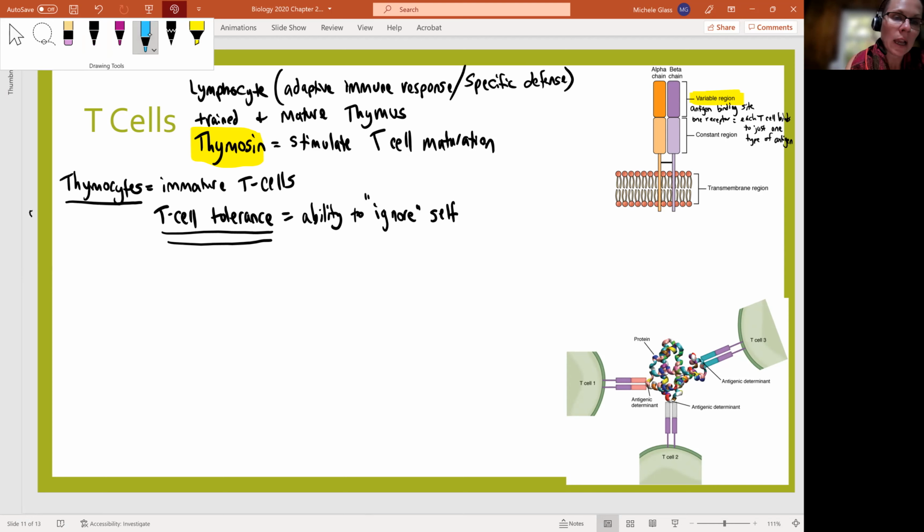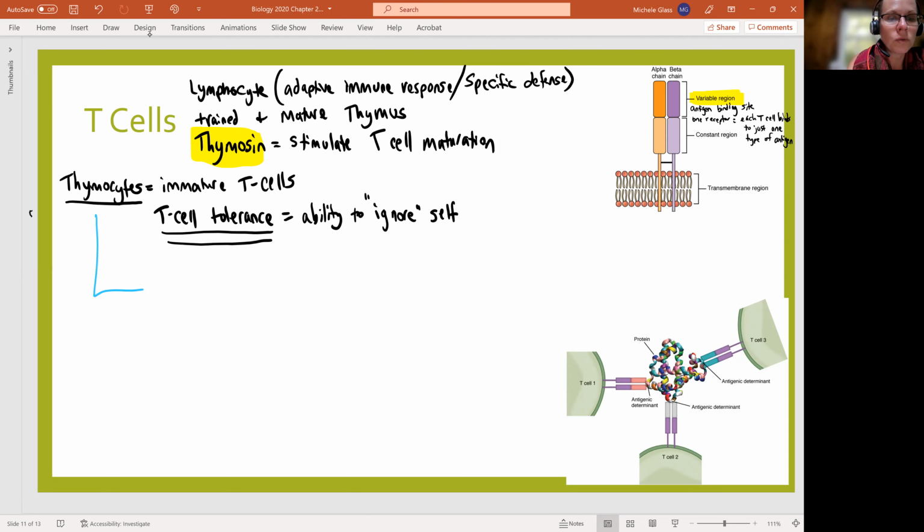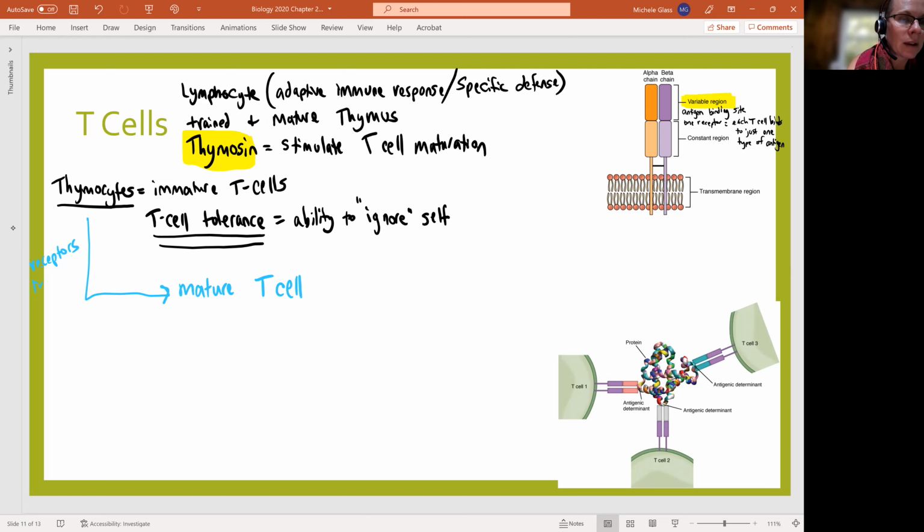So let's say ultimately, we'll have it listed as a mature T cell, only those with receptors that bind to MHC markers with foreign antigens will become the mature T cell.